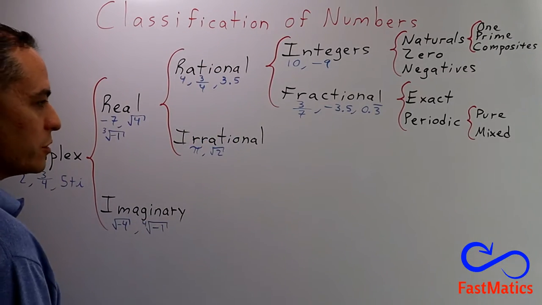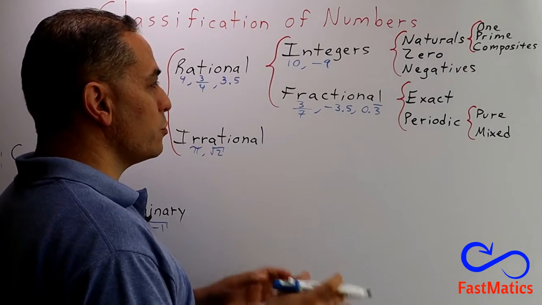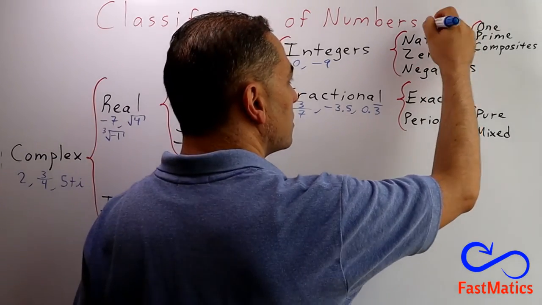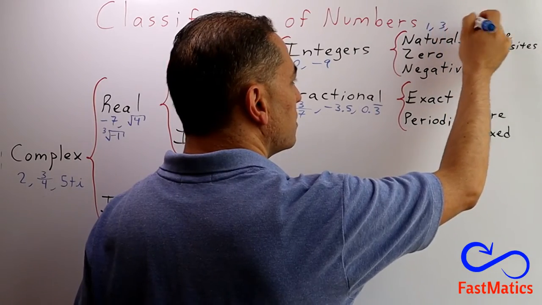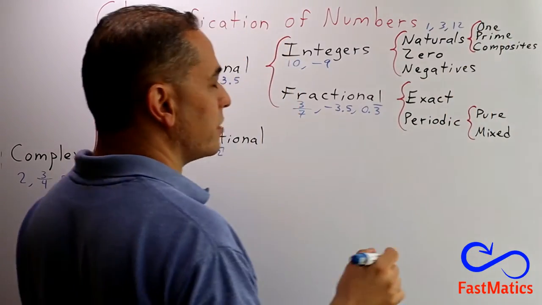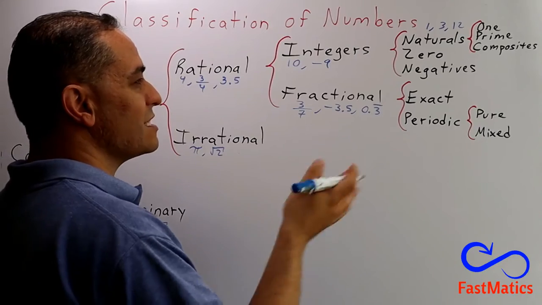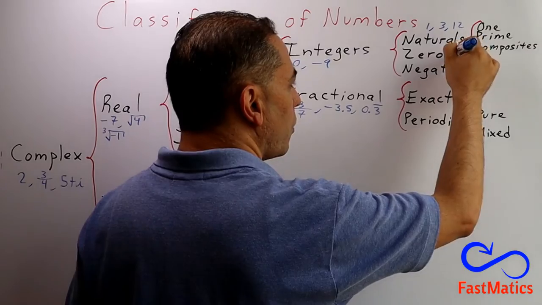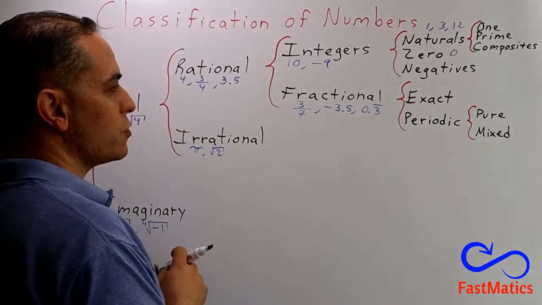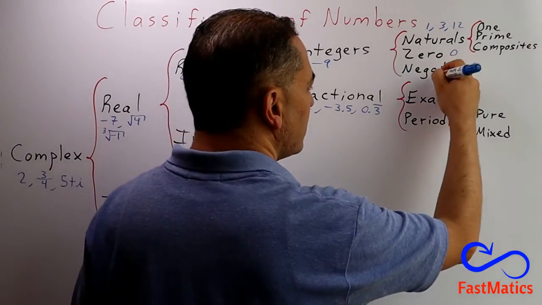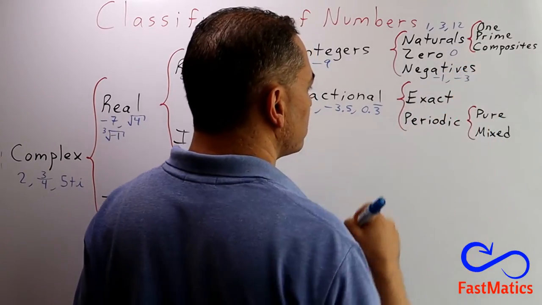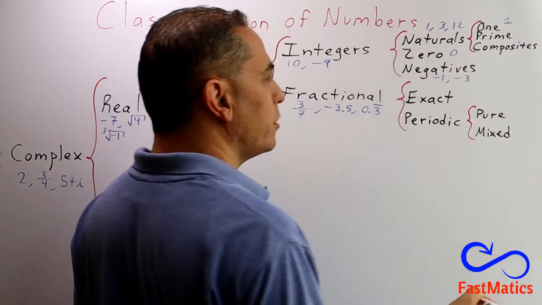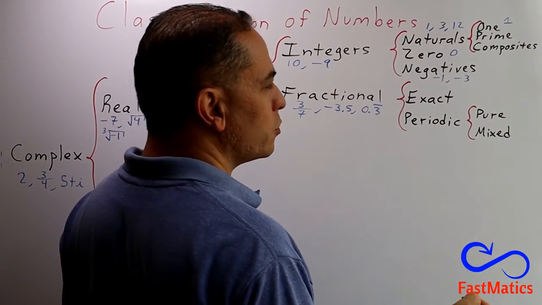Those are fractional numbers. Now, naturals are those numbers that you use to count. For instance, 1, 3, 12, etc. Integer positives are naturals. The zero, everyone knows the zero, and negatives, -1, -3, etc. After that, the number 1, the whole world knows the number 1.